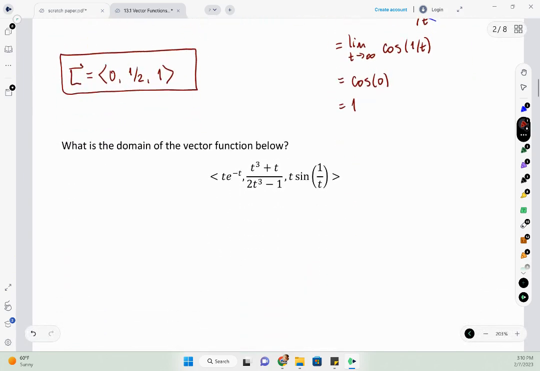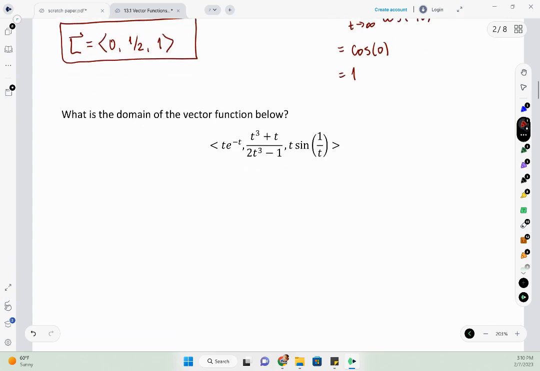Next thing is the domain. So in this question, I'm asking, what is the domain of the vector function below? Well, if I name these f, g, and h, then I need to find the domains of f, g, and h. So the domain of f is the first part, t over e to the t. So f of t is equal to t over e to the t.